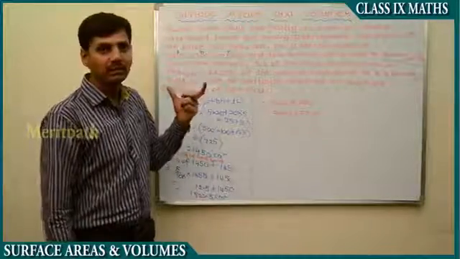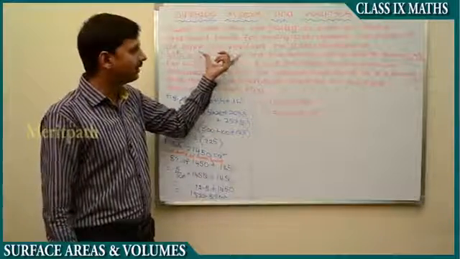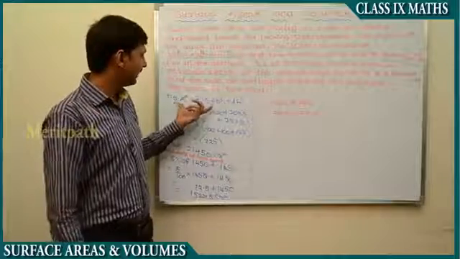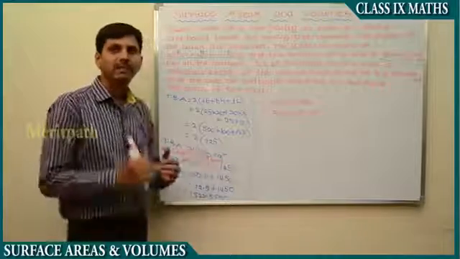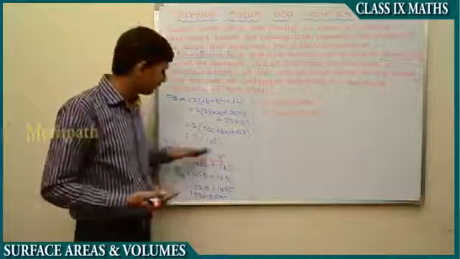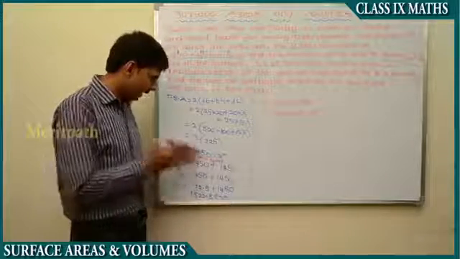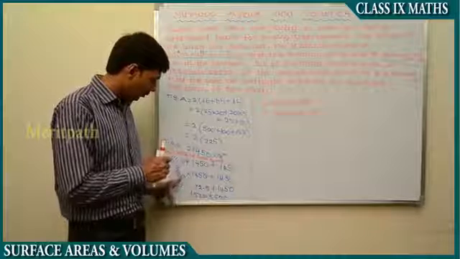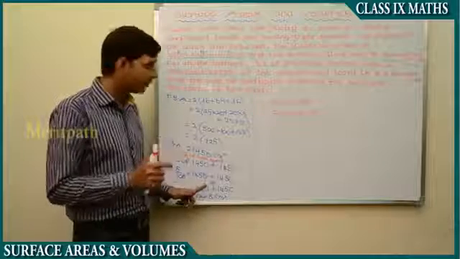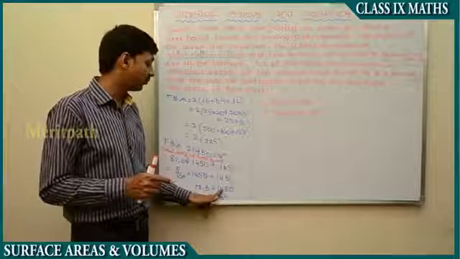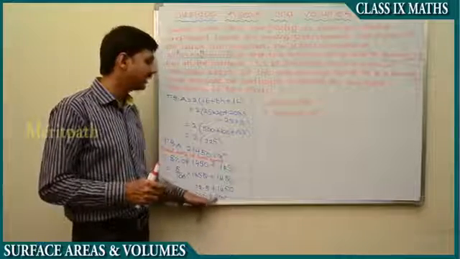So let's recall what we have done. We took the TSA for the larger, bigger dimensions. We substituted in the TSA formula for L, B, H and got the TSA, but 5% extra cardboard is required. So 5% of 1450 plus 1450: after cancellation of zeros we got 145 by 2, 72.5, plus 1450, so we got 1522.5 centimeters square.